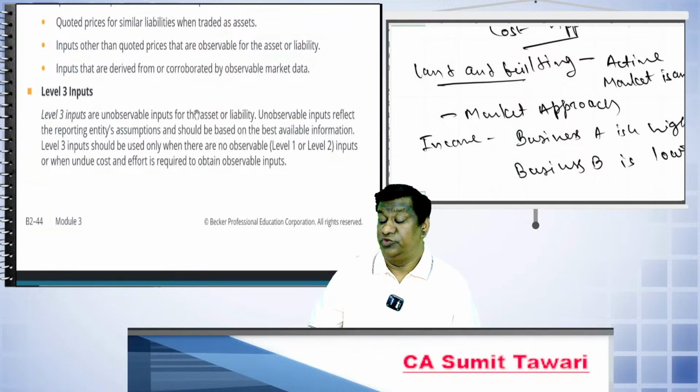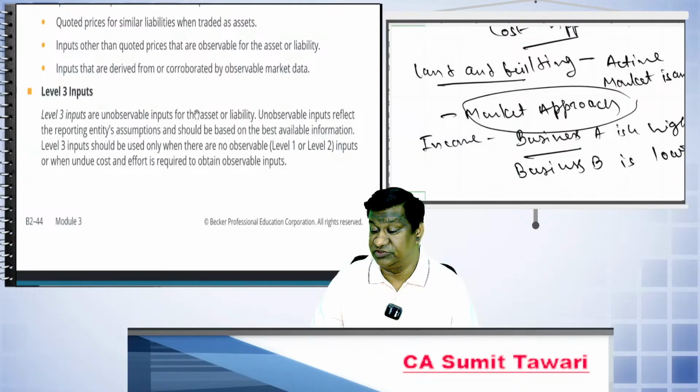So in that situation, business A is going to evaluate his land and building only on the basis of market approach. So the same value for business A and the same value for business B.